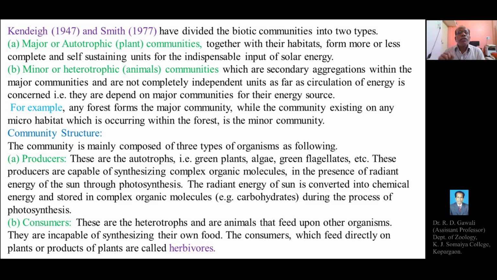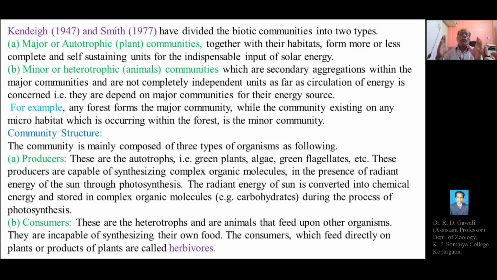The major or autotrophic or plant communities, together with their habitats, form more or less complete and self-sustaining units, for the indispensable input of solar energy.